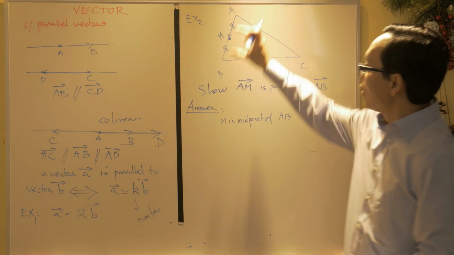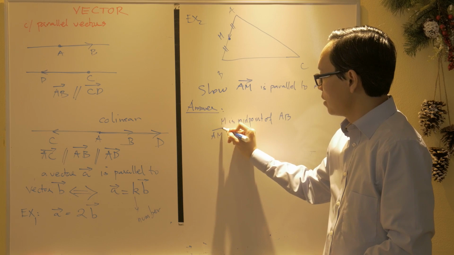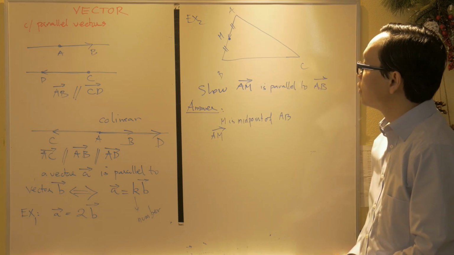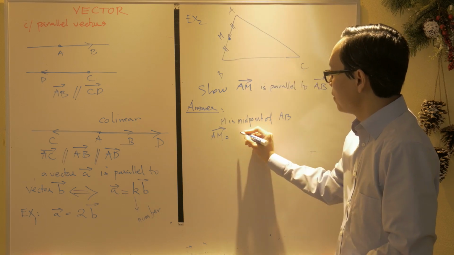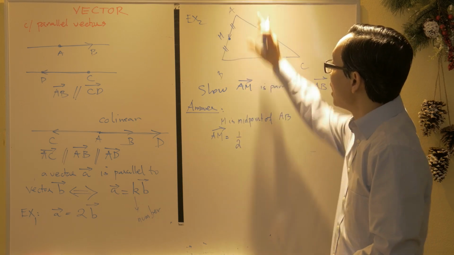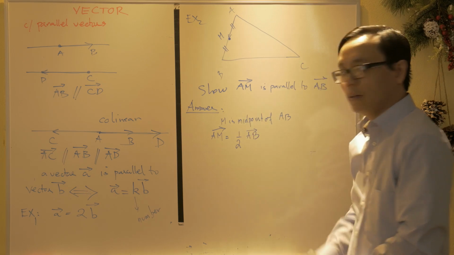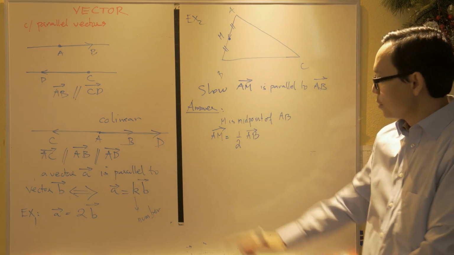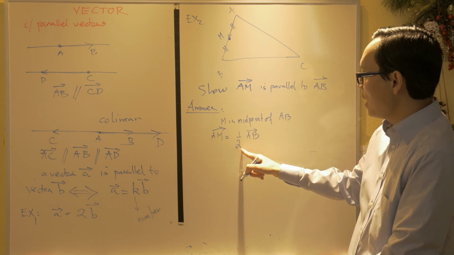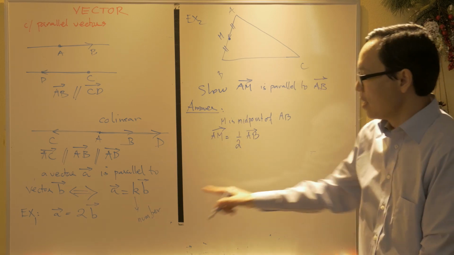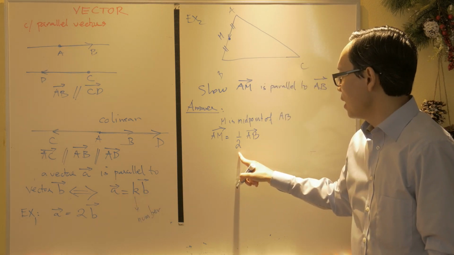So vector AM is equal to half of vector AB. You see that vector AM equals a scalar times another vector, so I satisfy this condition. Your k over here is a half.